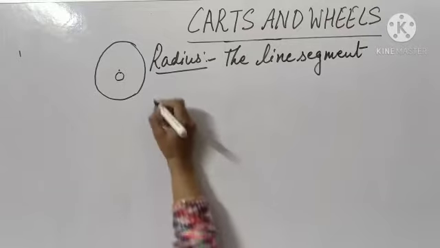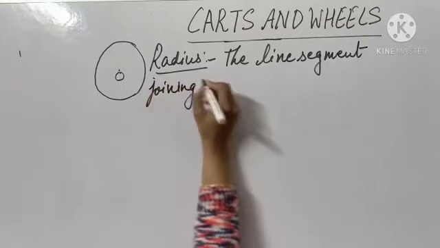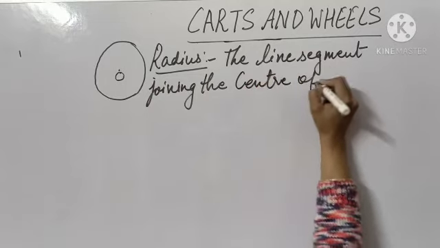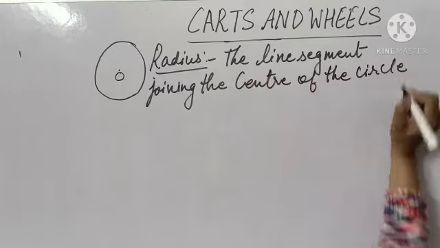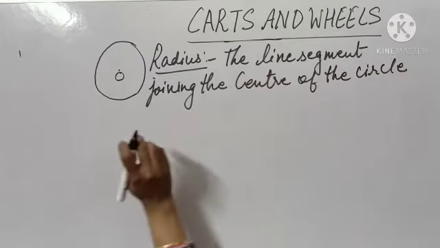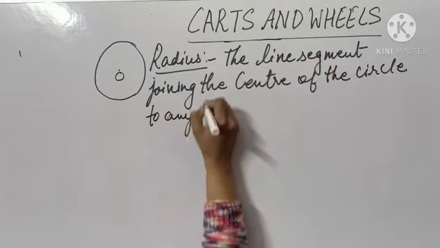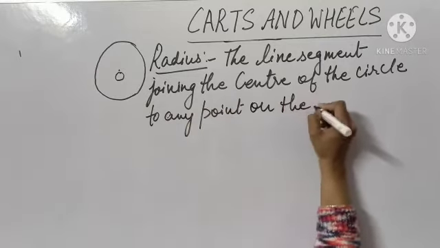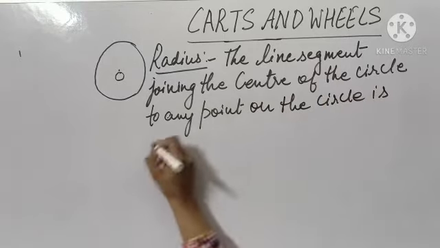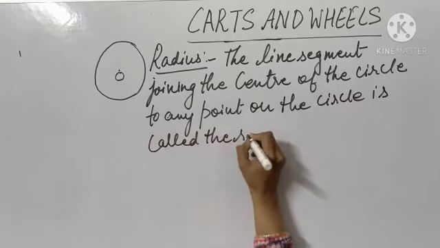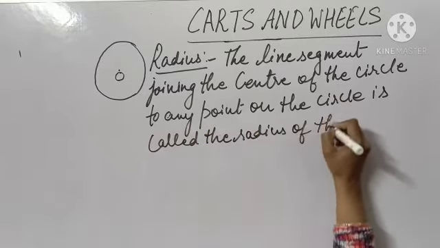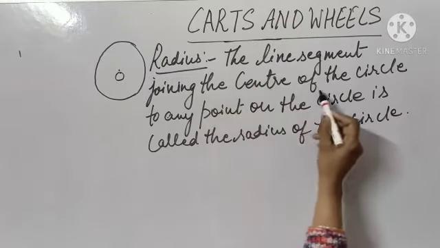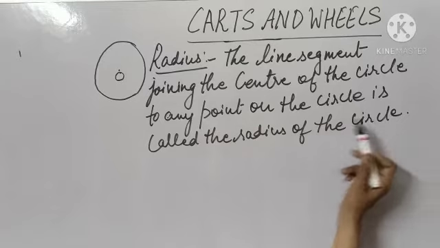So the line segment joining the center of the circle to any point on the circle is called the radius of the circle.